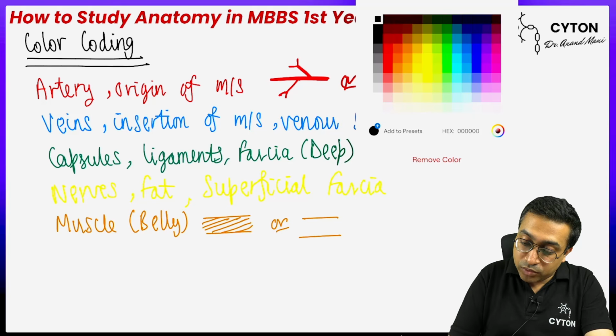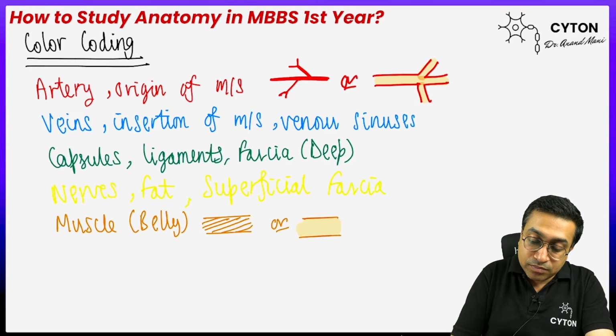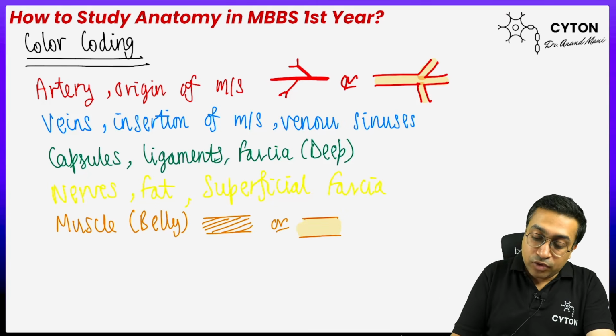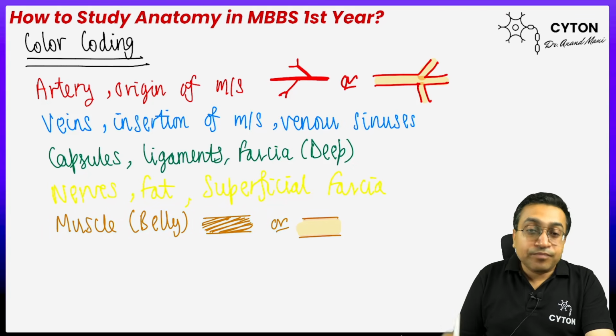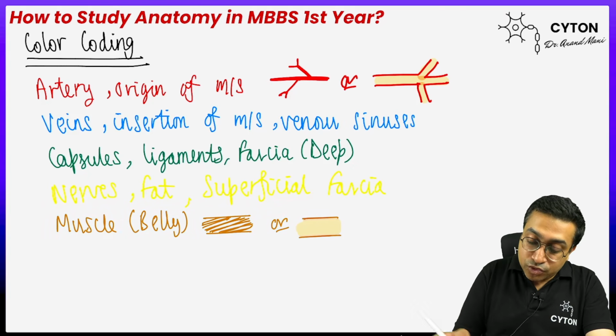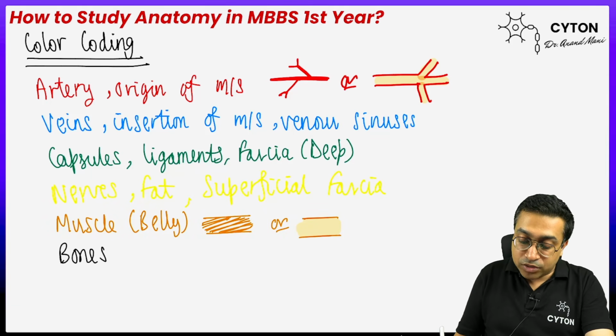Okay, so in this manner you can shade the inner part of this muscle area. You can follow any method whatever suits you, but this first method is very easy, second method is quite time consuming. Okay, then you have the bones, which you should be drawing with the black color. Okay, bones. Then we have the lymph nodes.